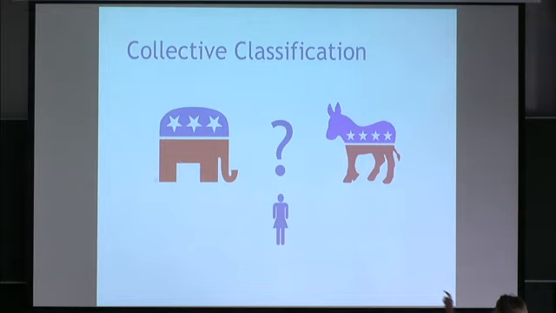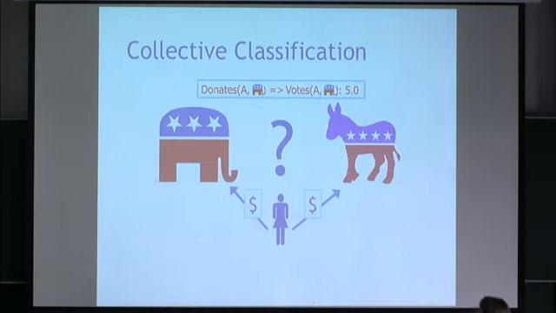But the idea is we have an individual, and we're trying to predict their political persuasion. Of course, we can use basic information about what campaign they contribute to, and if they contribute to a particular campaign, then it means they're more likely to vote.